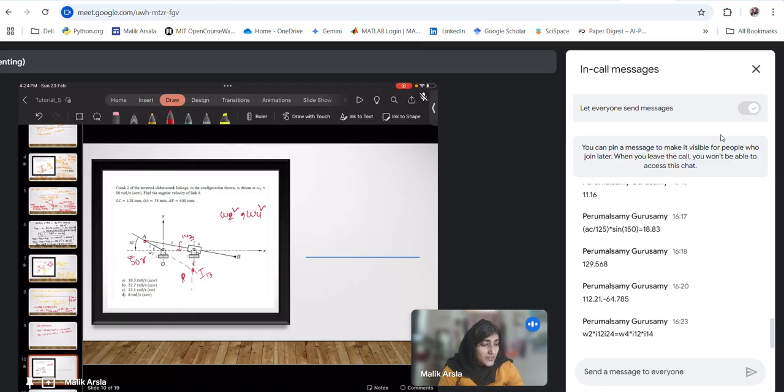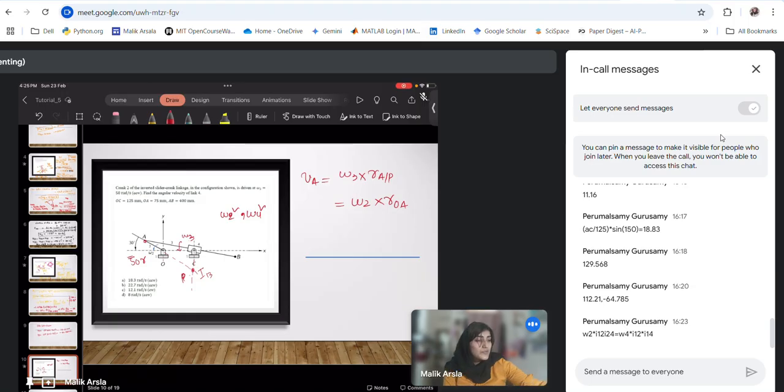So RAP into omega 3 will be equal to ROA into omega 2. So VA has to be same. So it will be omega 3 cross RAP, which is equal to omega 2 cross ROA, right?